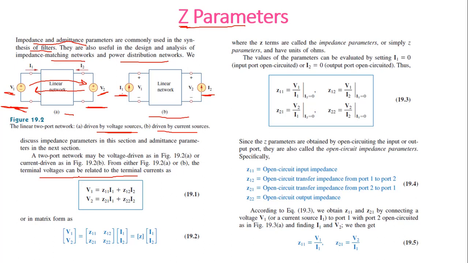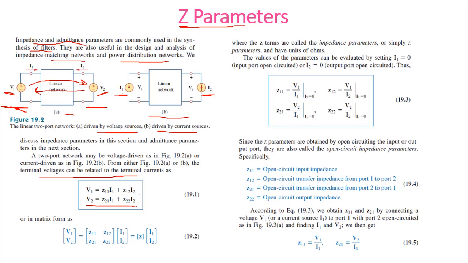We can relate the terminal voltages and currents like this: V1 is equal to I1 into Z11 plus Z12 into I2. Similarly, V2 can be written as Z21 into I1 plus Z22 into I2.